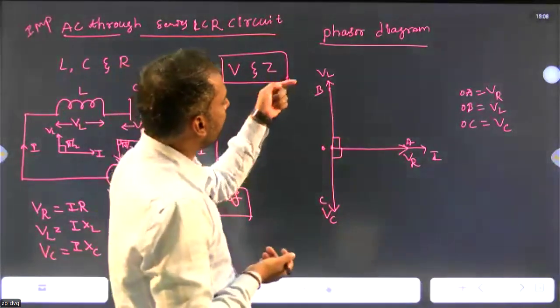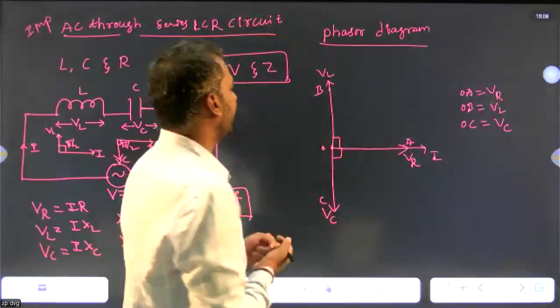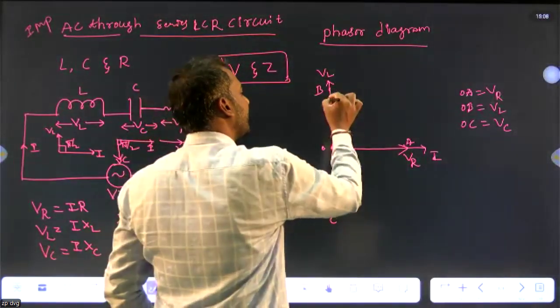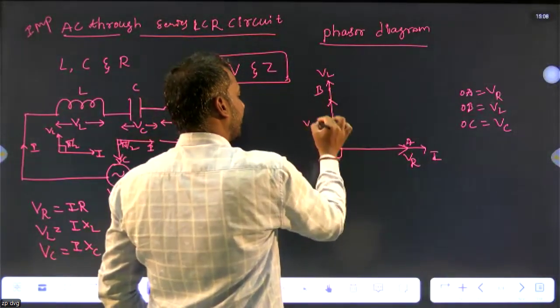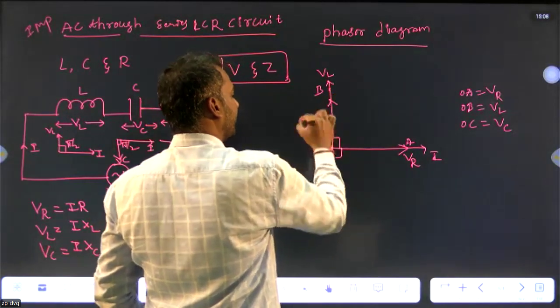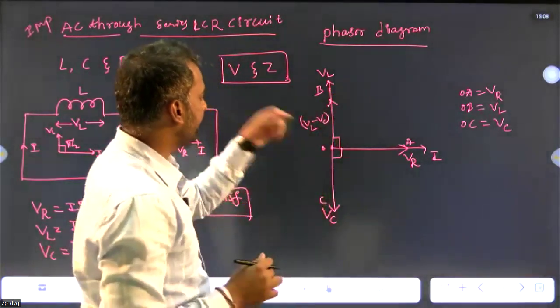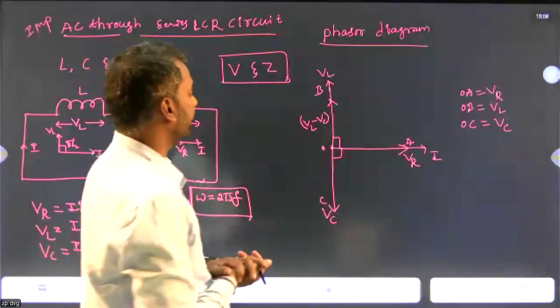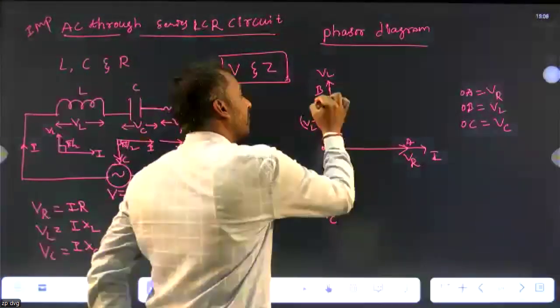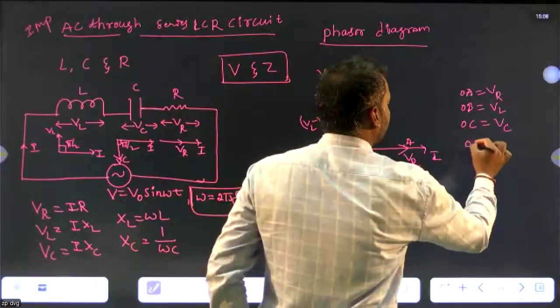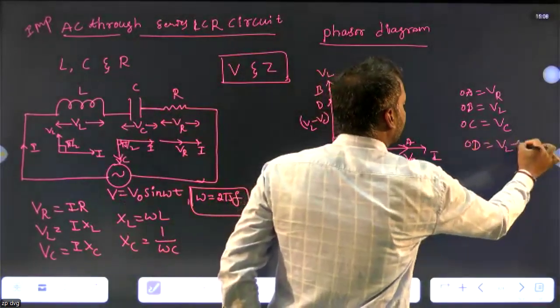The resultant of VL and VC is VL minus VC, which is represented by OD. OD is equal to VL minus VC.